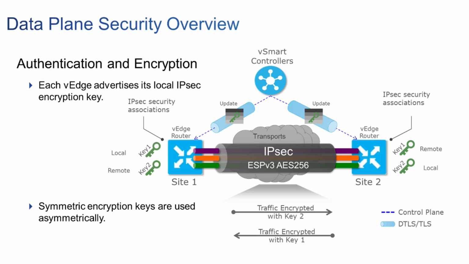We're actually using a secure internet security connection with IP security, or IPSec. So unlike the control plane, where we were using DTLS and TLS to secure the traffic, in the data plane we're using IPSec to secure the traffic. So the data plane implements all of the key security components of IPSec, which would include authentication, encryption, integrity, and so on.